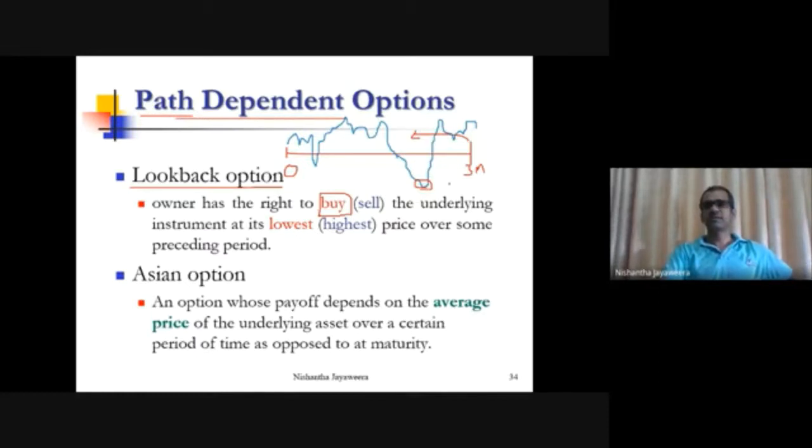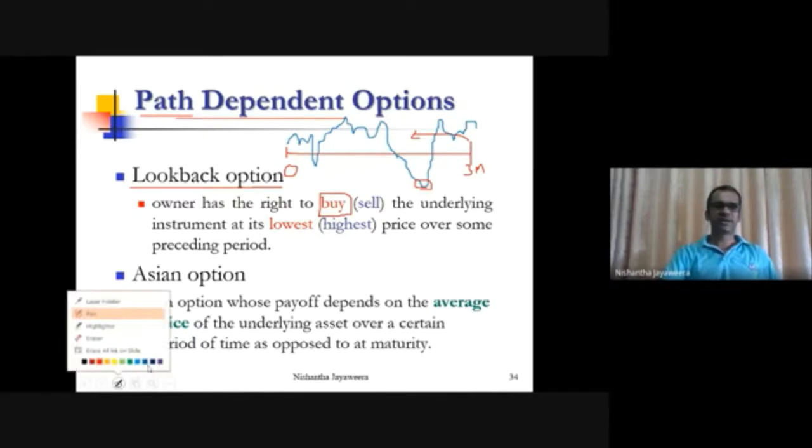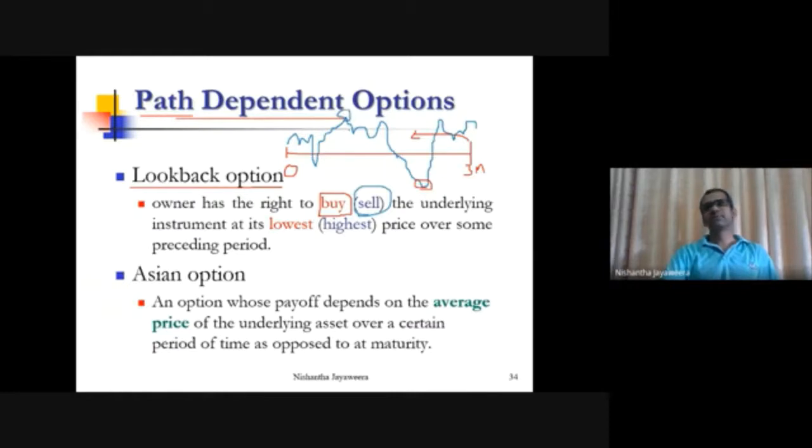So if the lowest price recorded is today on the expiry date, you can buy at that market price. If it is higher than that, still you can buy at the lowest price. On the other hand, for a put option buyer, you can sell at the highest price. That is a look back option.